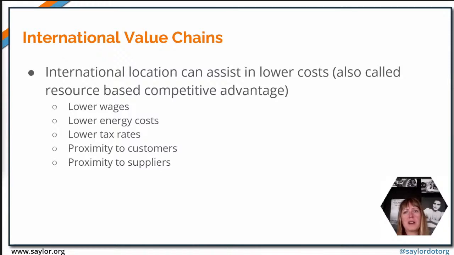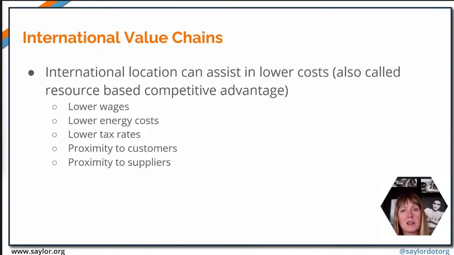Sometimes if we're having suppliers that provide our raw materials, it may make sense to locate near them. So we add value to that value chain and that we're having to spend less money ultimately to get the raw materials that we need to produce our product. So these are some important considerations and important reasons why companies might decide to go global and internationalize their business.